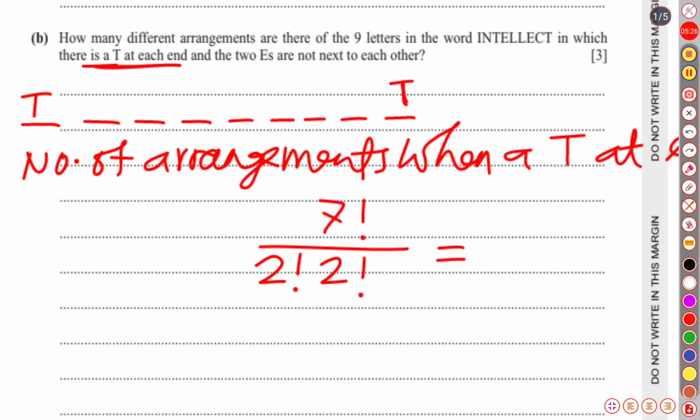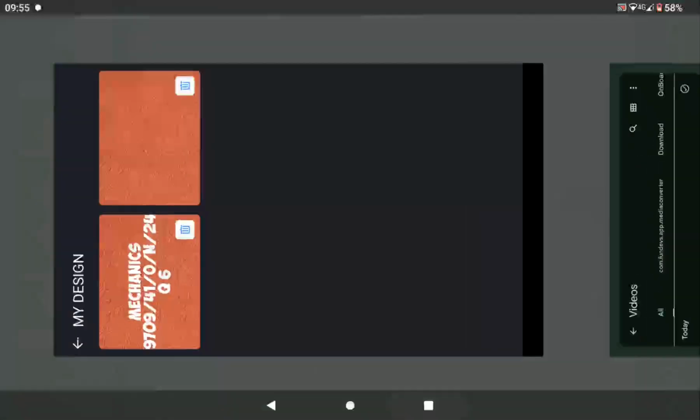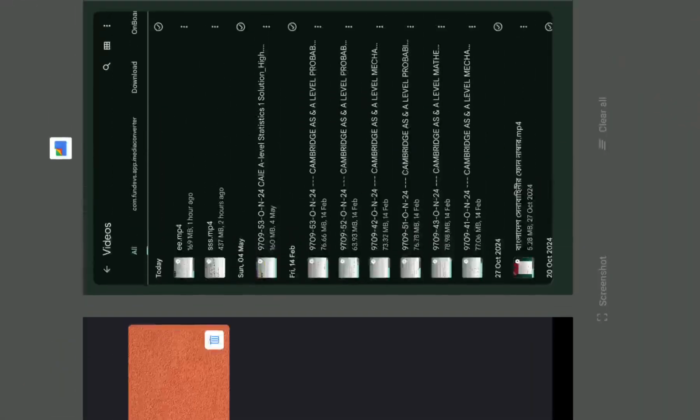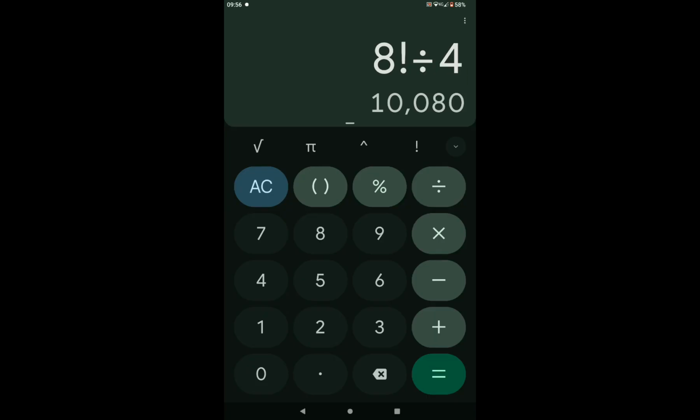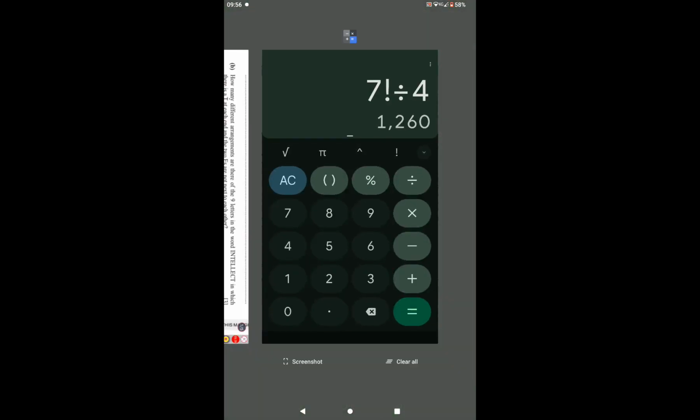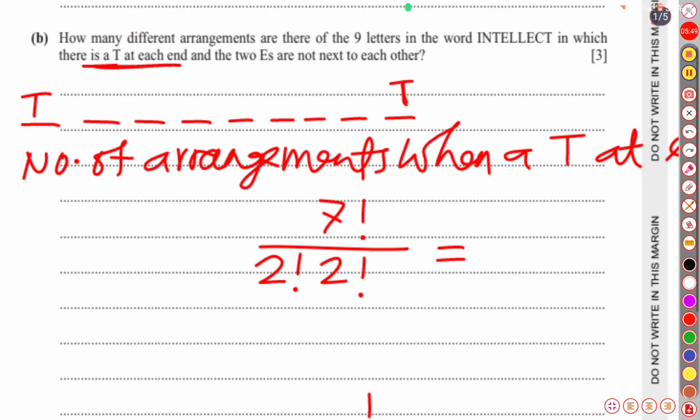So we will divide 7 factorial by 4. The number of arrangements with this restriction is 1260.